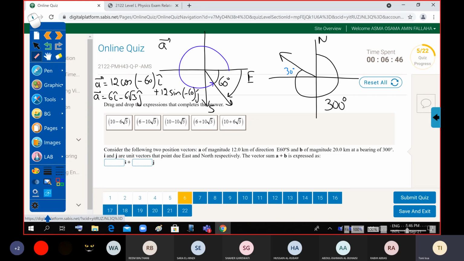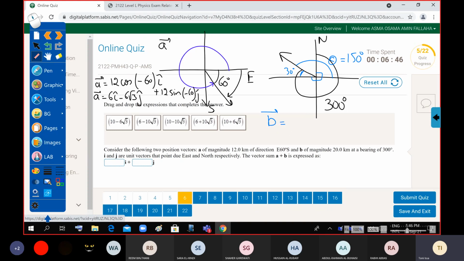How did I know? Because up till here, from this is 90, 90, 90 to 270. So the rest is 30 degrees. But this is not the answer. This is what you should look for. This is theta. And this theta is going to be 150 degrees. Now, what will be vector B?